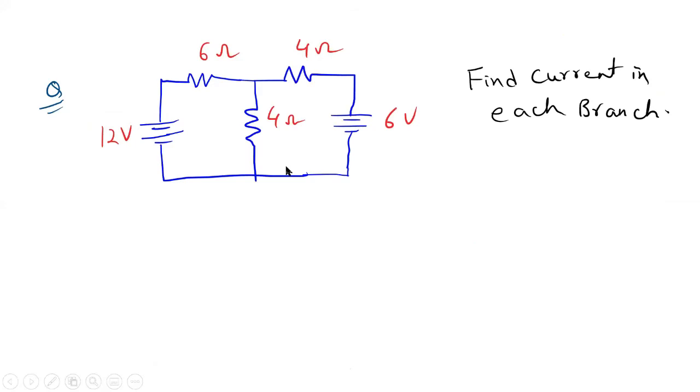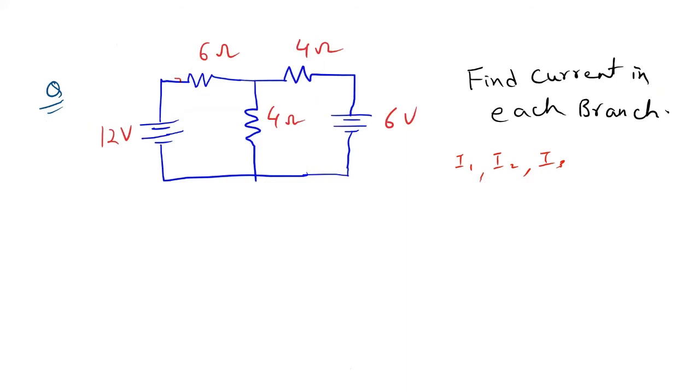Okay, so today we have only two theorems. So here we have a similar case: 12 volt, 6 volt, 4 ohm, 6 ohm and 4 ohm. So try to find I1, I2 and I3, that is the current through each resistor.